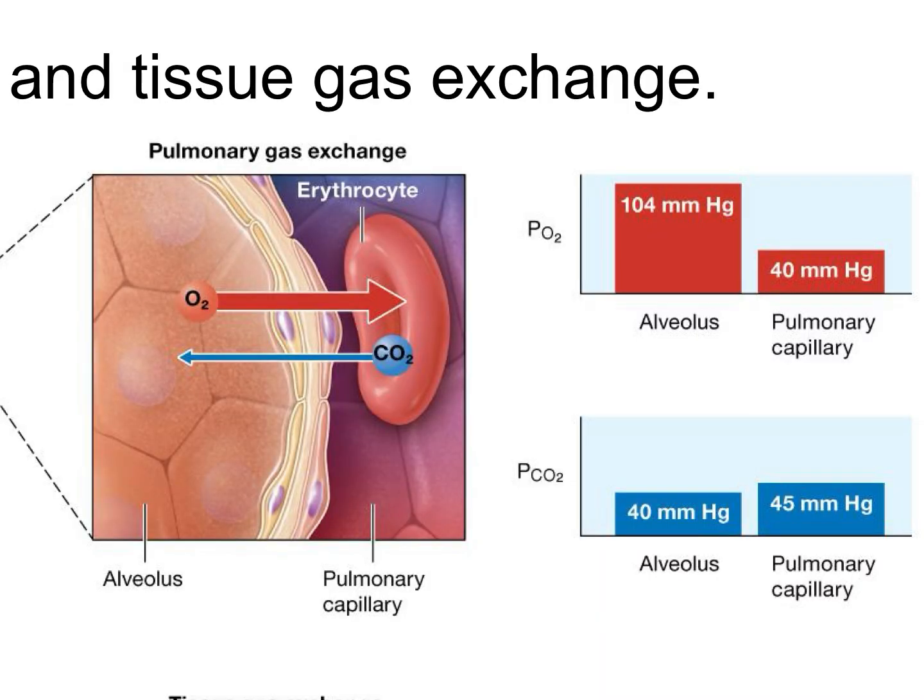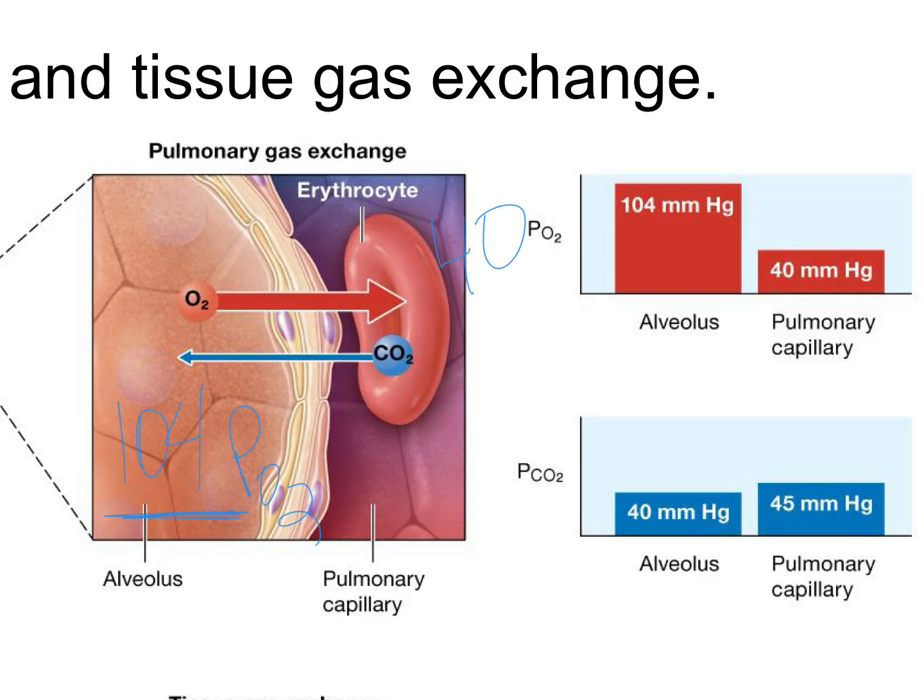So at the lungs, inside of the alveoli, we have about 104 millimeters of mercury for our partial pressure of oxygen, which means that the partial pressure of oxygen is pretty high in the lungs, and in the capillary, the partial pressure in the blood is only about 40 millimeters of mercury.